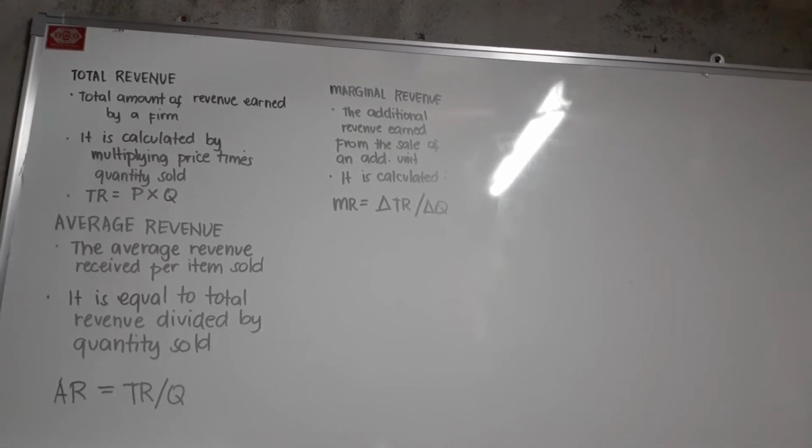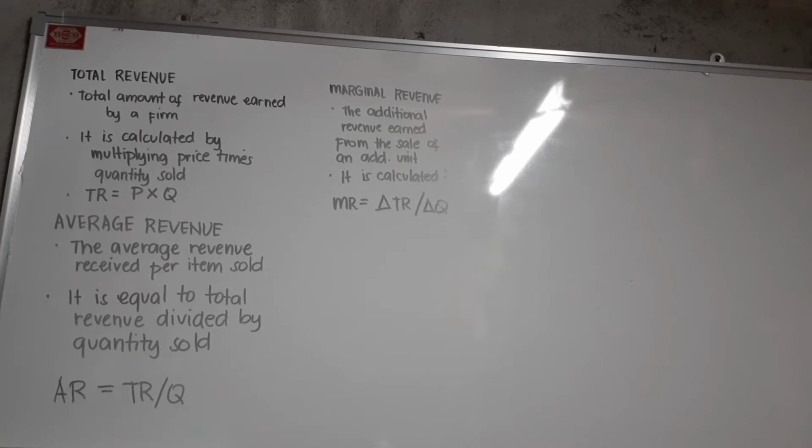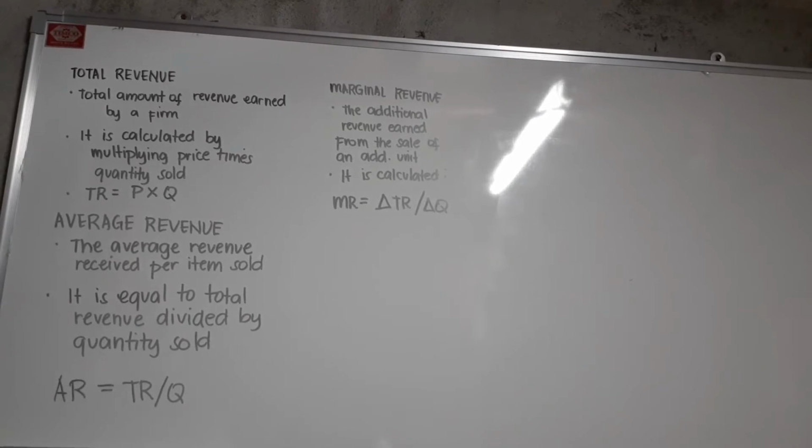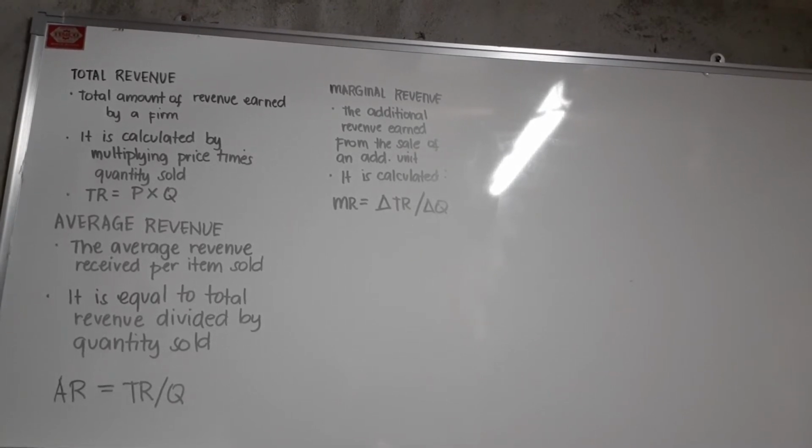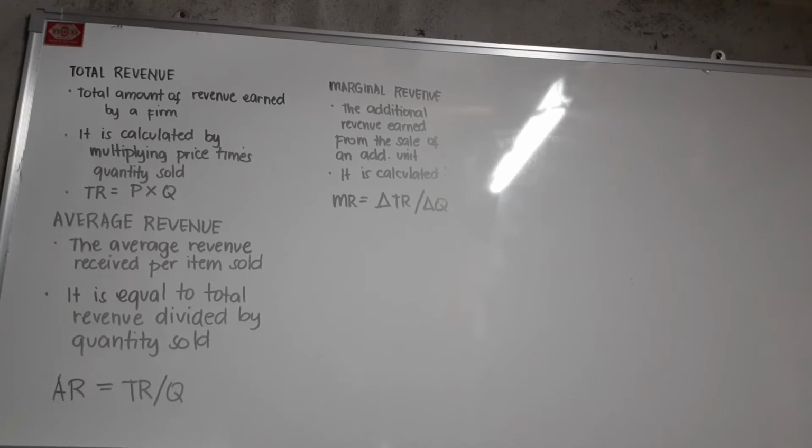So, for example, yung firm nagbenta ng 100 units for 5 pesos each. Then, yung total revenue is equals to 500, kasi 100 units times 5 is equals to 500. So, ganun lang kasimple yung total revenue. Average revenue, the average revenue received per item sold.